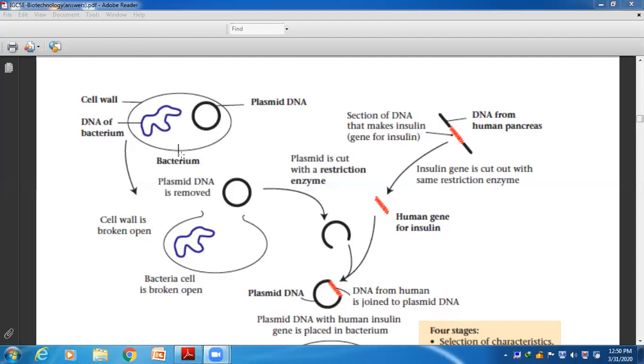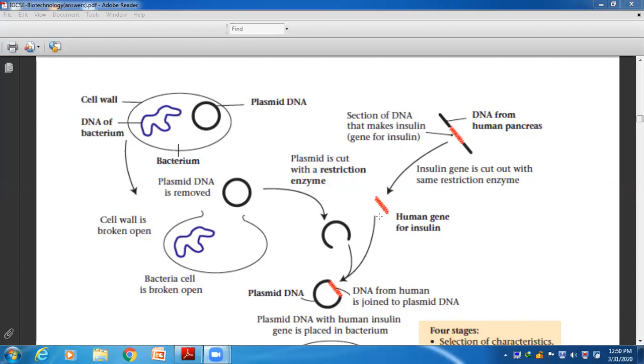Is it clear? So when I cut this plasmid with restriction enzyme, I also cut the gene of interest.